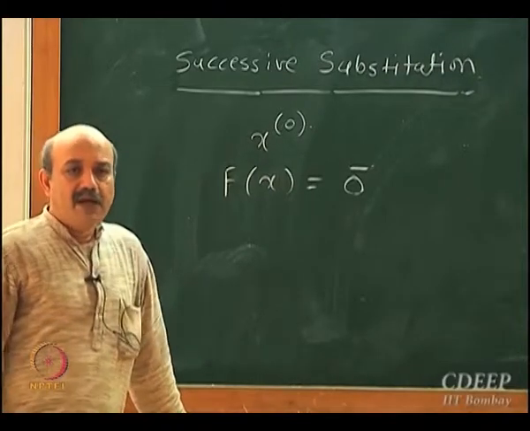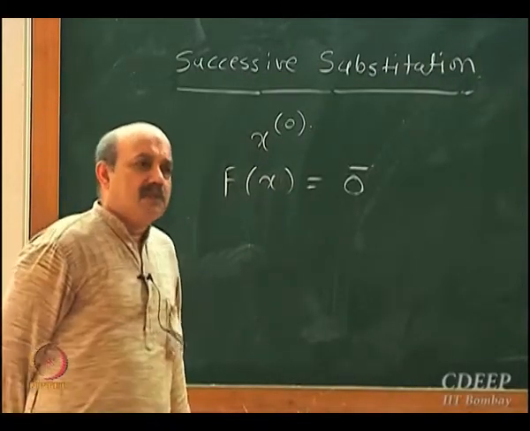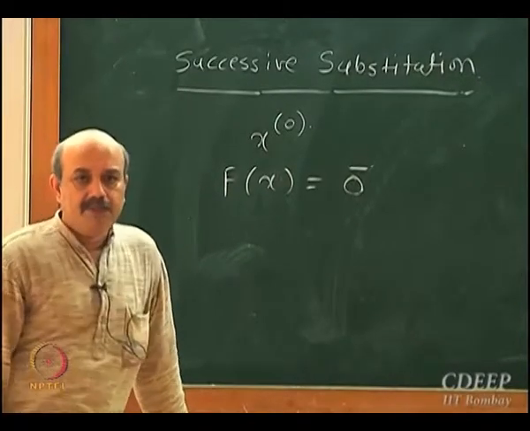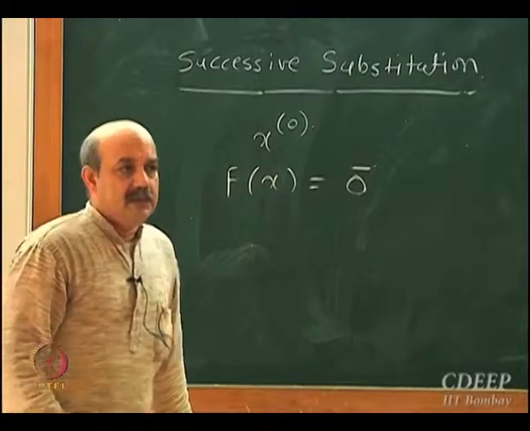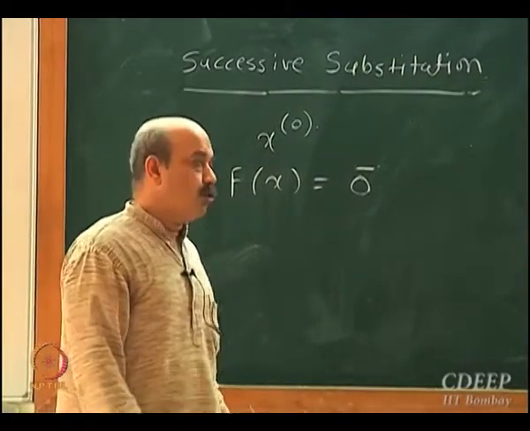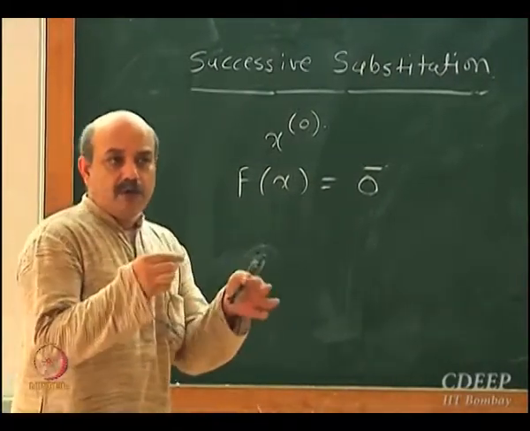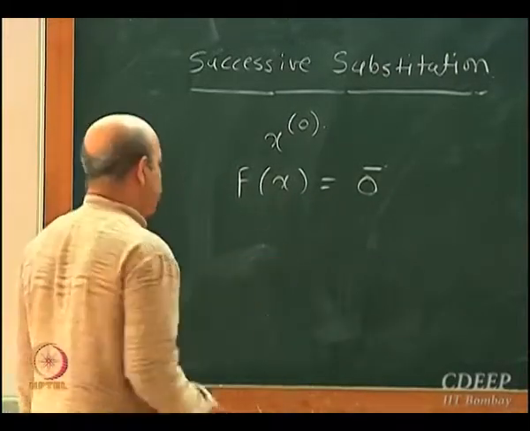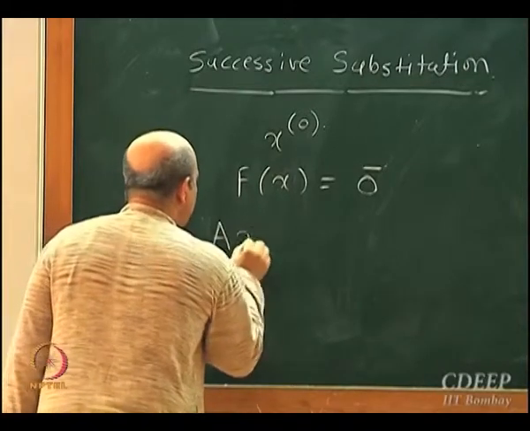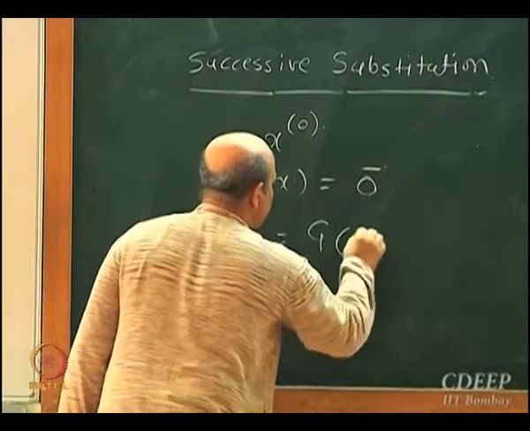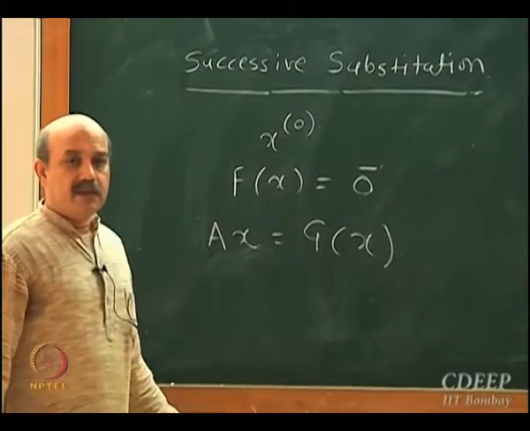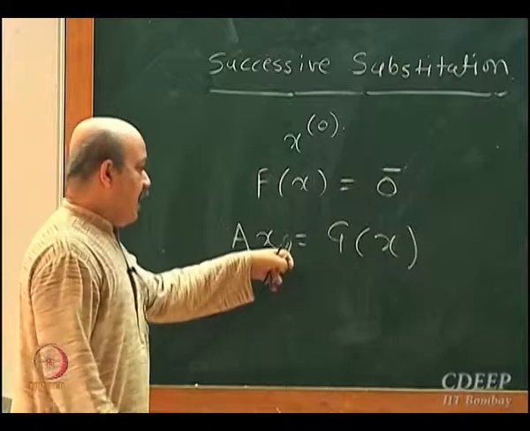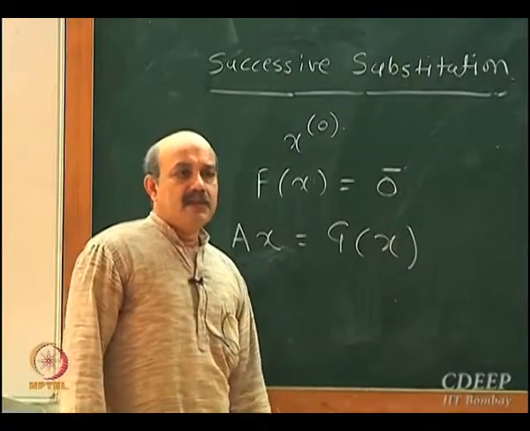In some problems, for example, the tubular reactor with axial mixing, that problem which we have been taking as a theme example throughout the course, you can rearrange these equations f of x equal to 0 into a special form, A x is equal to g of x, where A is a constant matrix and g is some nonlinear function.